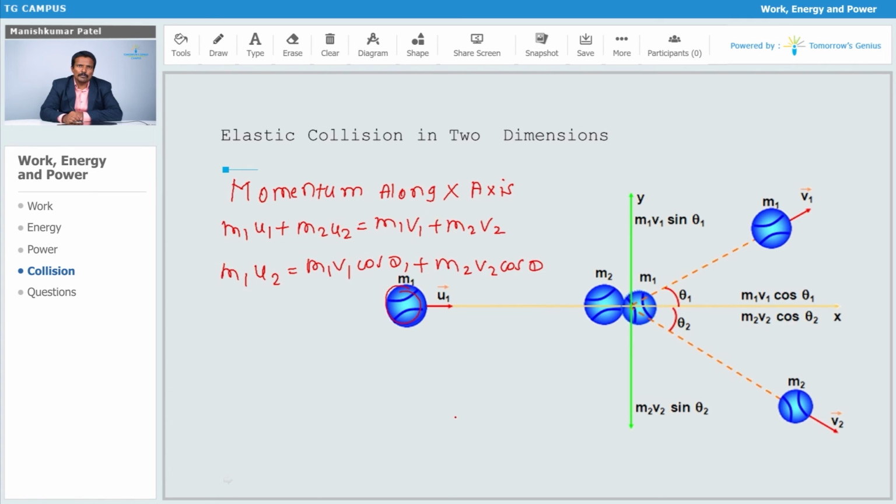That is one of the equations that you can write along the x-axis, and similarly we can write the momentum along the y-axis.